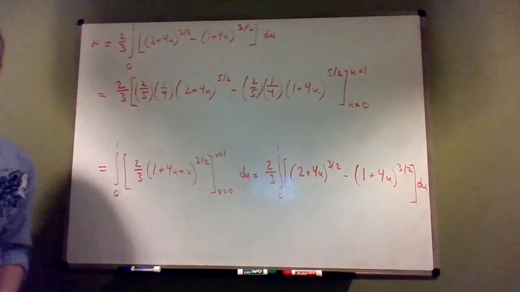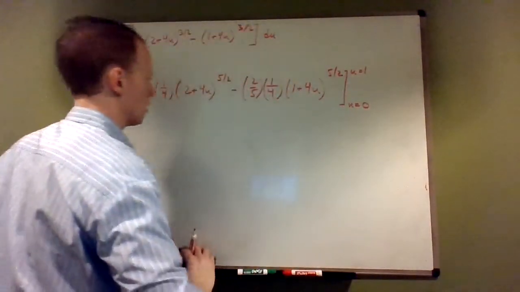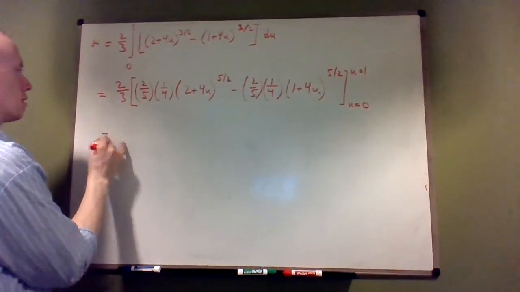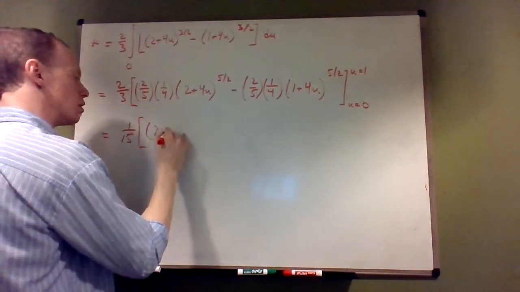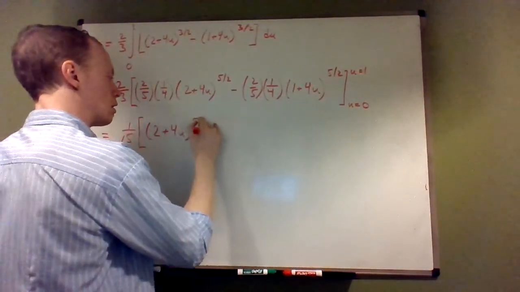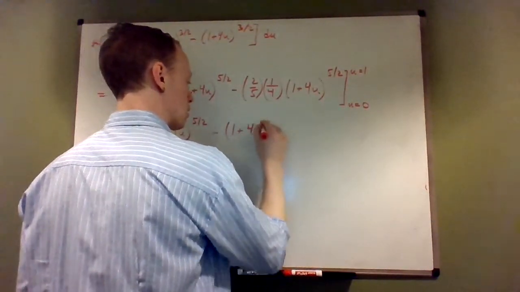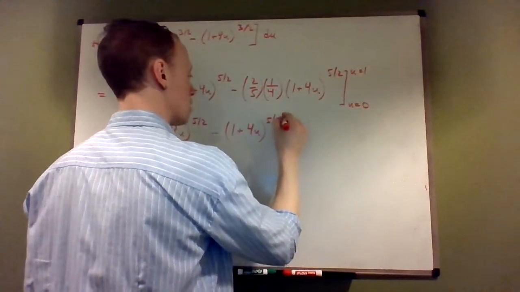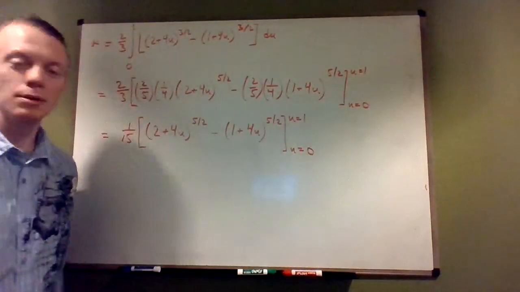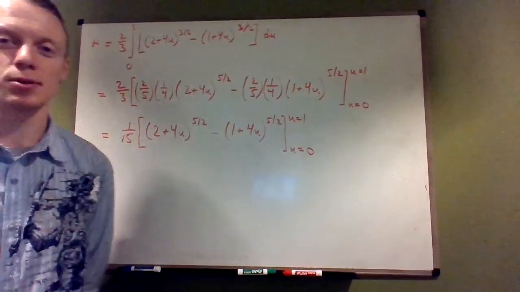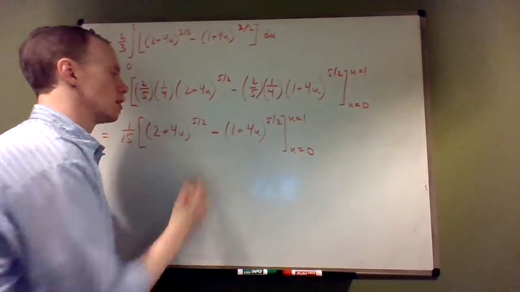I'm going to simplify all these multiplicative constants. In both of these terms, we have a 2/5 times a 2/3 times a 1/4. Those all just multiply out to 1/15.